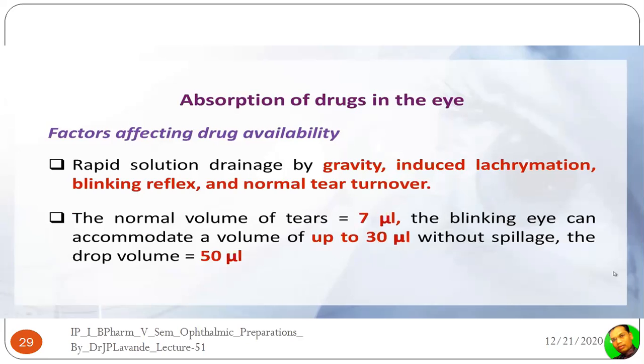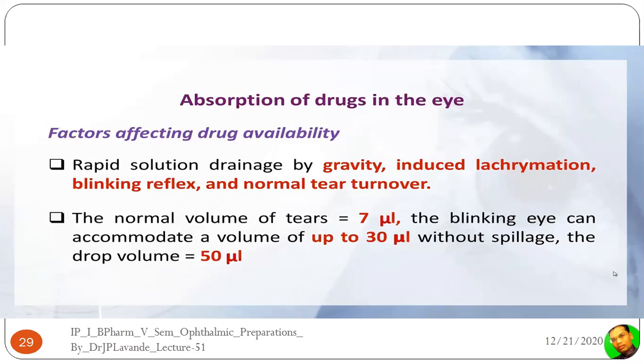Then, the normal volume of the tear is equal to 7 microliter, and the blinking eye can accommodate a volume of up to 30 microliter without spillage, while the drop volume is 50 microliter.